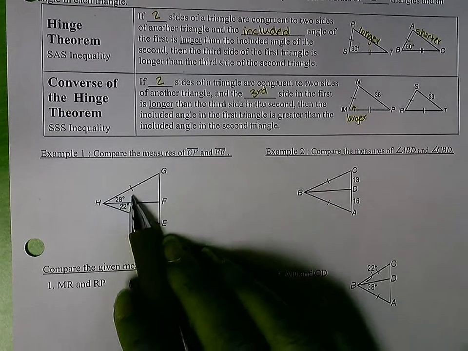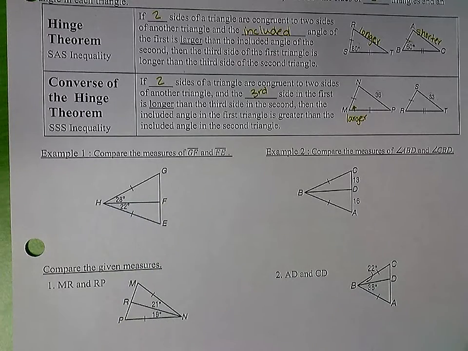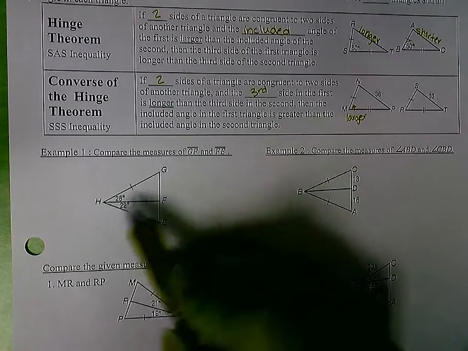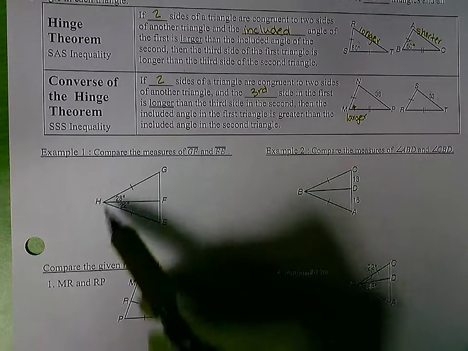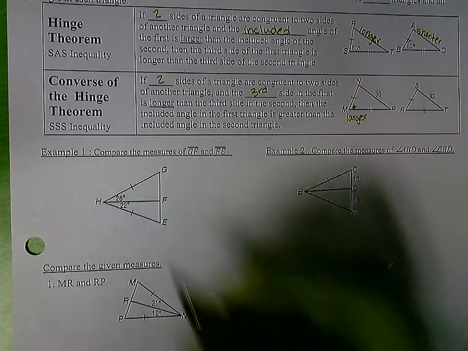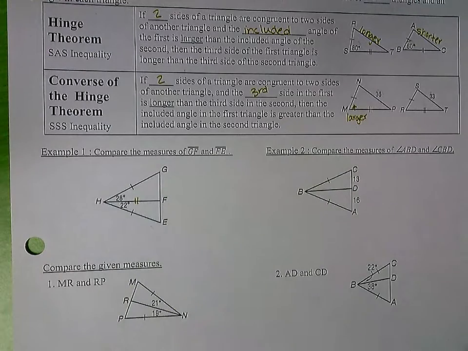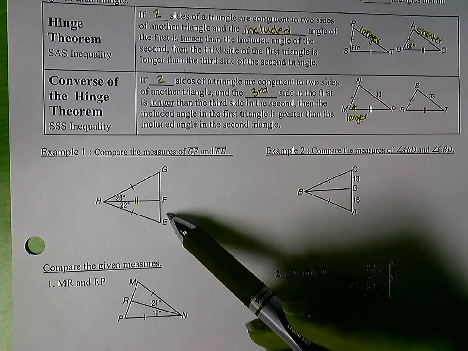So for this, we need to make sure two of our sides in each of our triangles are congruent. So we have side HG and HE congruent. I also know that they share the side, so that side would be congruent to itself, just like when we were proving triangle congruency. Okay, next I can look at the angles across from the two sides that I'm comparing.